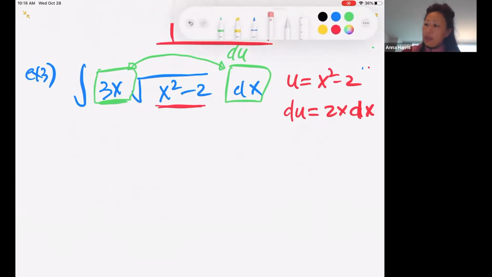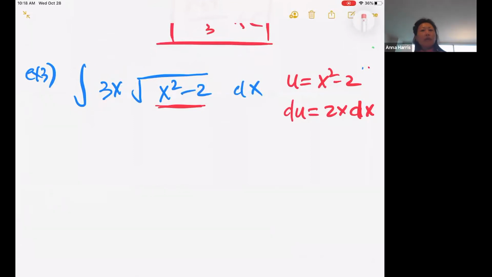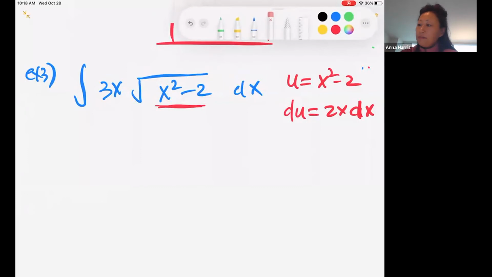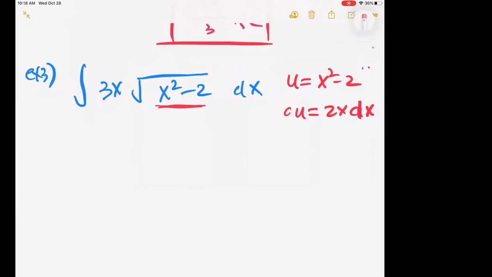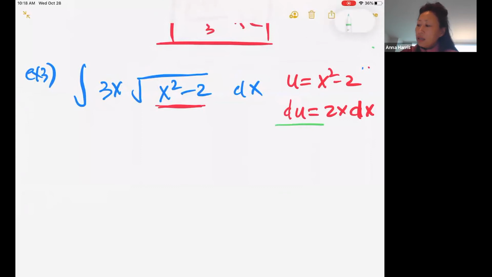All right, so okay, this is a little more complicated. Everybody see it? Let me erase this part because it is not the same. Okay, look at this, class. This is a little more tricky. What do I have here? I have 2x dx.